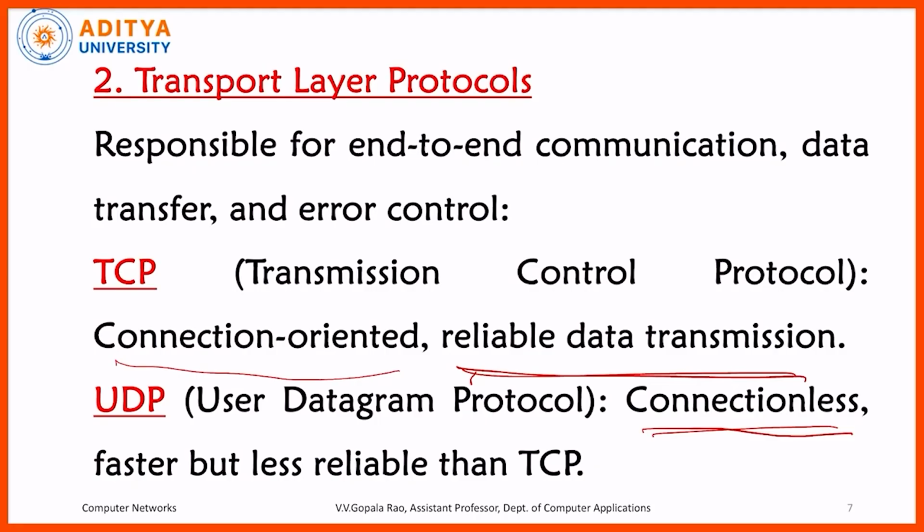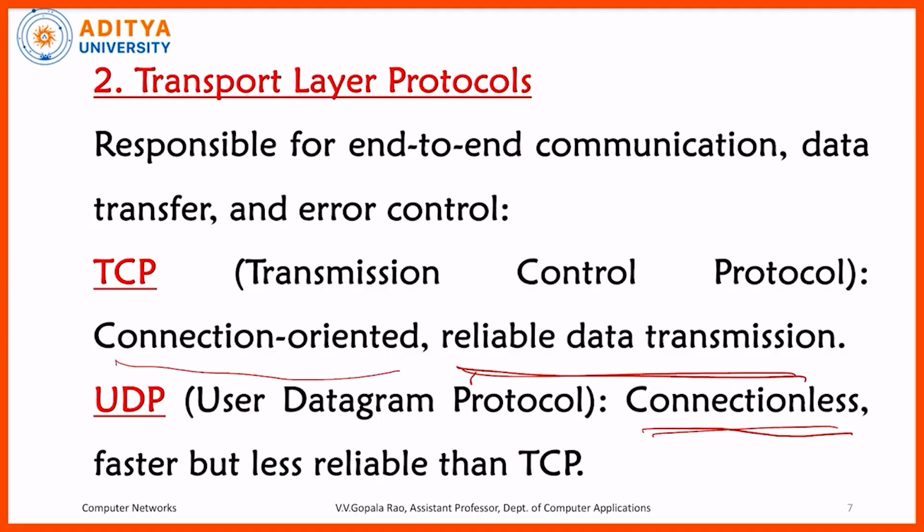That is why it is faster but not reliable: the packets may go in a different path and reach the destination earlier, whereas it is not reliable because sometimes packets may be lost because of networking problems.